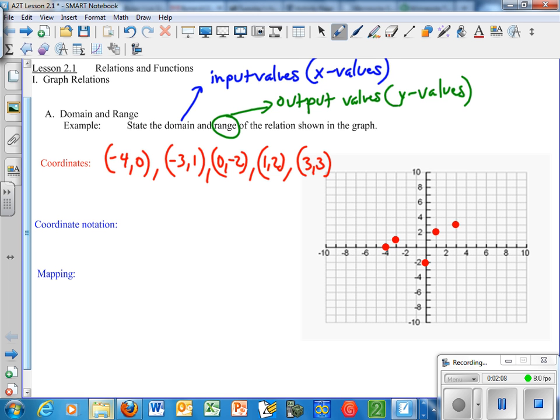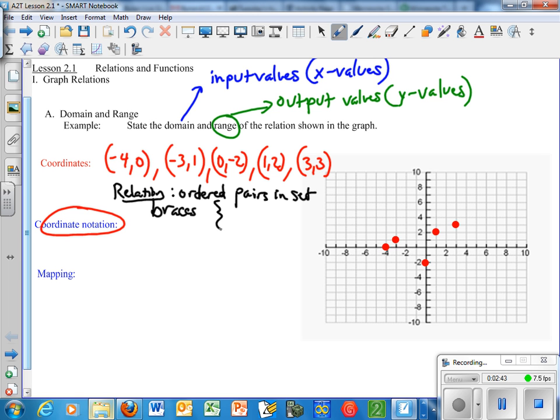Now, coordinate notation. All that means is that in a relation, we put ordered pairs, or the coordinates, in set braces. A relation is a set of ordered pairs.